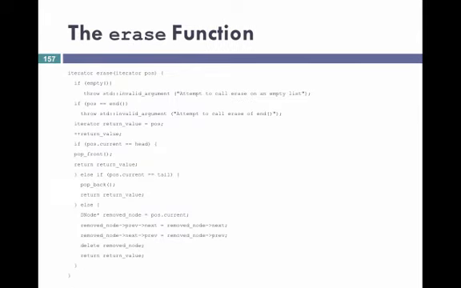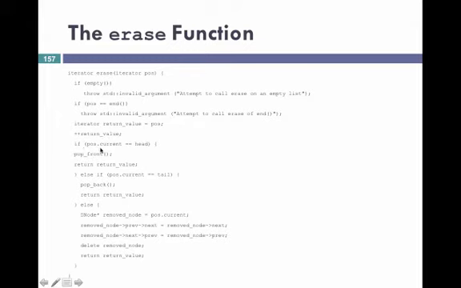The erase function takes an iterator as a parameter. If it's empty, we can't erase something from an empty list. If this iterator is pointing past the end of the list, then that's invalid. Now we can say the return value is an iterator, and we'll increment that iterator so it now points one past what we wanted to erase.